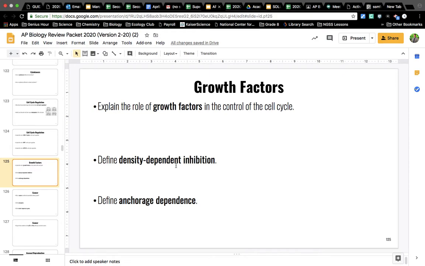So this is how tumors form. You get a mass of cells that keeps growing and dividing and dividing and dividing. It doesn't stop because normally cells would stop dividing. And then this anchorage dependence, we've talked about that in class too, that most cells have this kind of unique stickiness to them. They stick to other cells and they stick to that extracellular matrix.